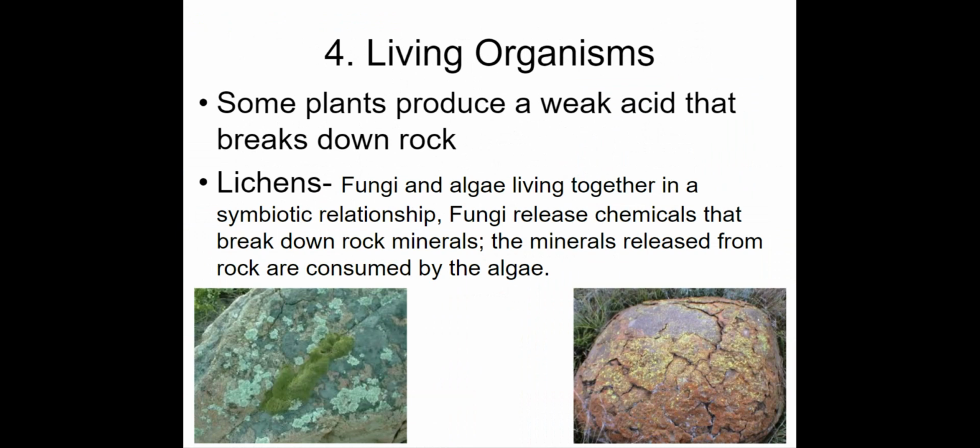And what's kind of cool is that lichens are actually a fungi and an algae living together in a symbiotic relationship. The fungi release the chemicals that break down the rock into those minerals, and then the minerals are released and they get consumed by the algae. So living organisms can act as a mechanical type of weathering and as a chemical type of weathering.